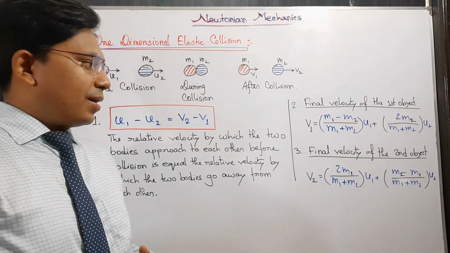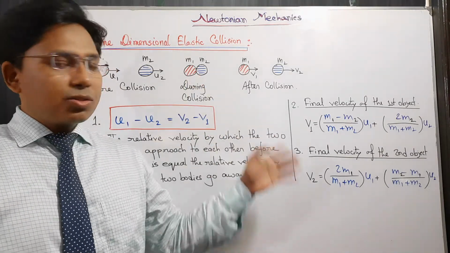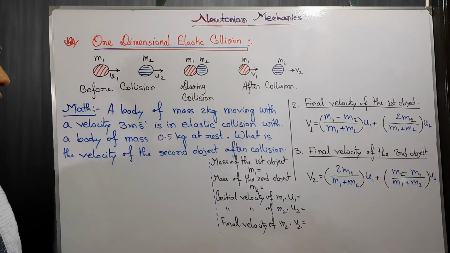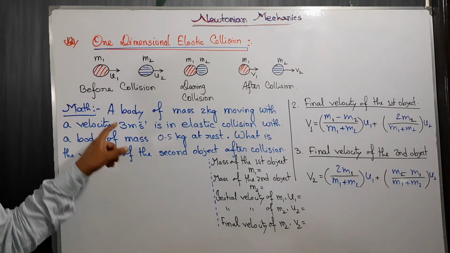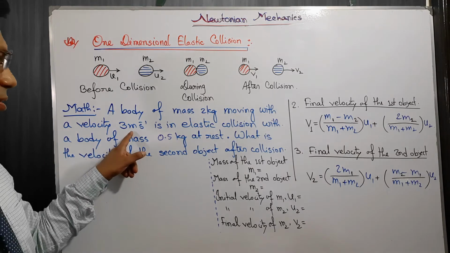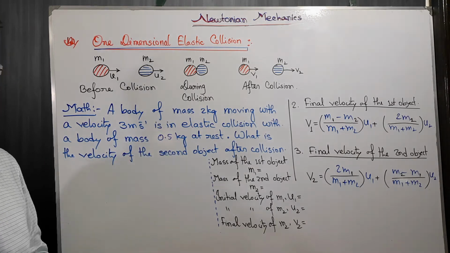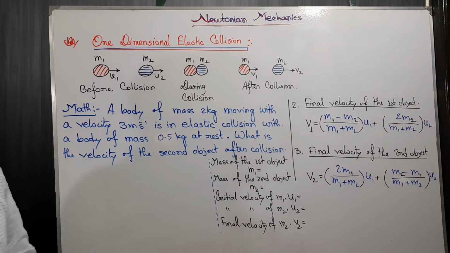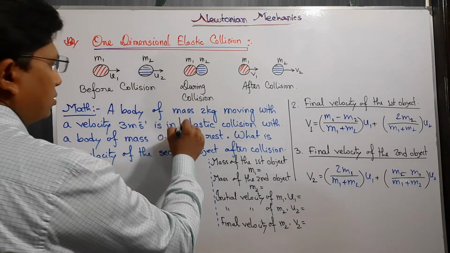So now we practice these two equations in a math. Students, here is a math: a body of mass 2 kg moving with a velocity of 3 meters per second is in elastic collision. That is a very important word, elastic collision.